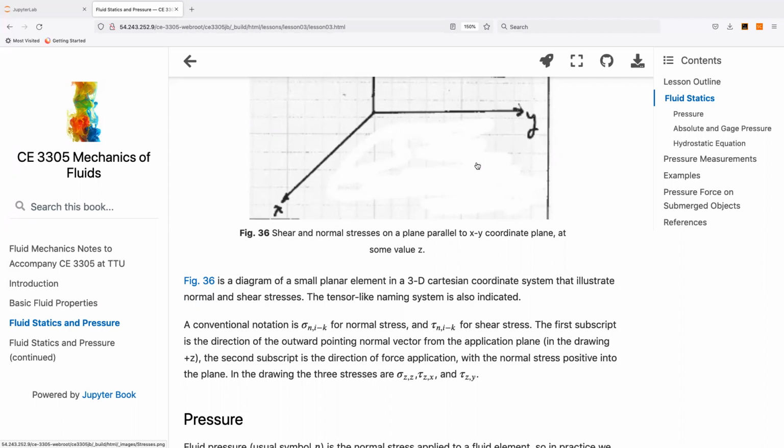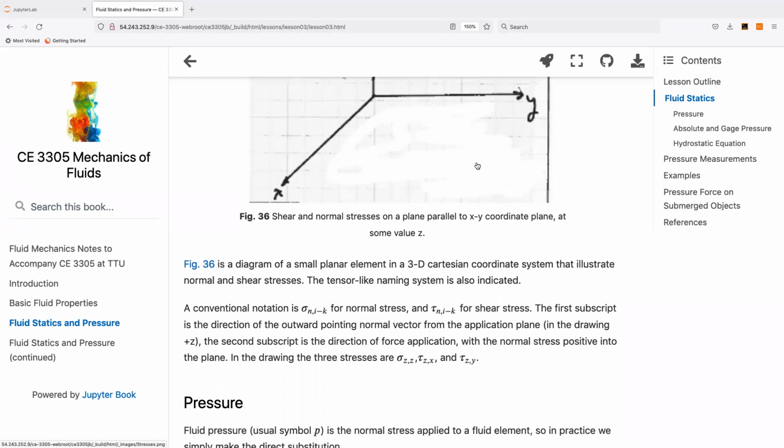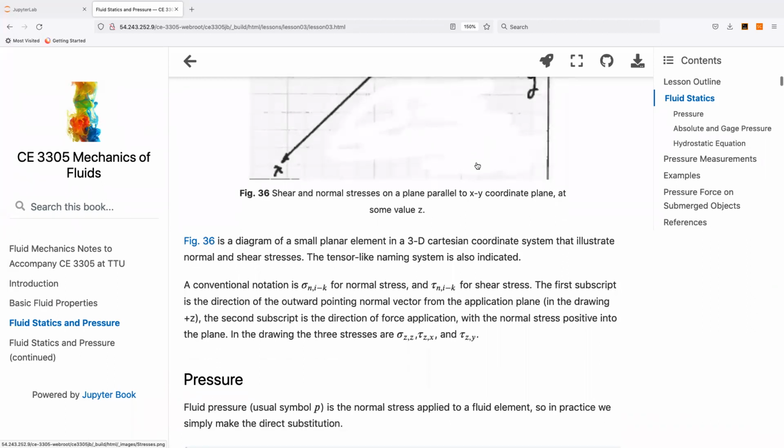And it's a tensor notation, and the usual convention is that the first subscript indicates the direction of the outward pointing normal vector to that little plane, and the second subscript is the direction that the force is applied in.